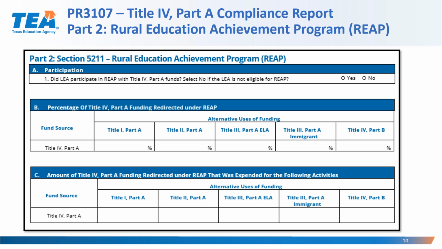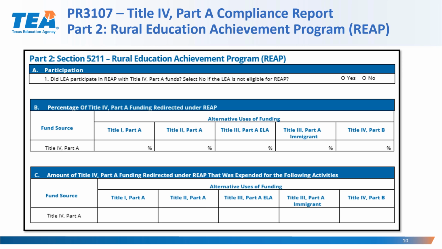The program is designed to address the unique needs of rural school districts that frequently lack the personnel and resources needed to compete effectively for federal competitive grants and receive formula allocations in amounts too small to be effective in meeting their intended purposes. Only eligible LEAs may use the REAP option.